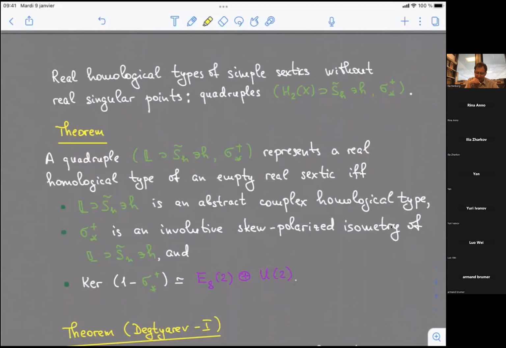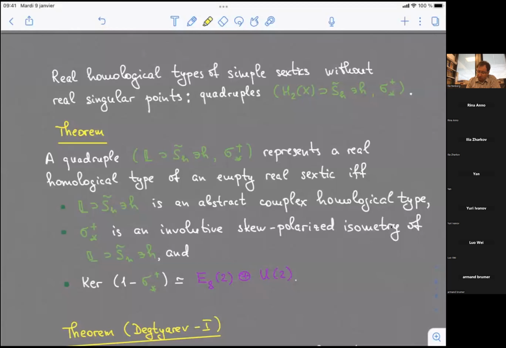So exactly as in the case of lattice types, where we considered complex lattice types and real lattice types, now we have a homological type for each simple sextic, and we can introduce the notion of real homological type.